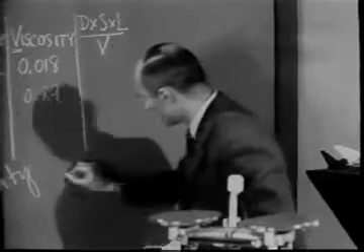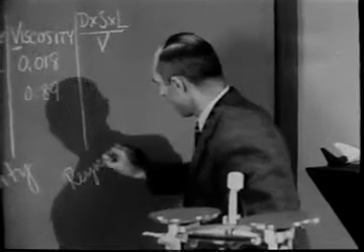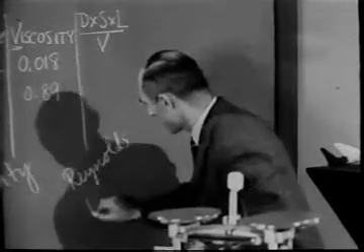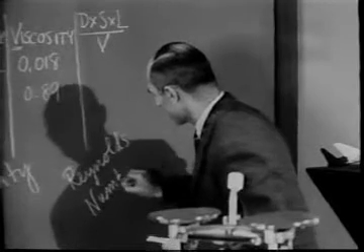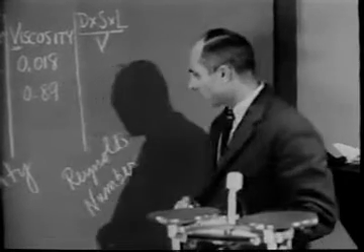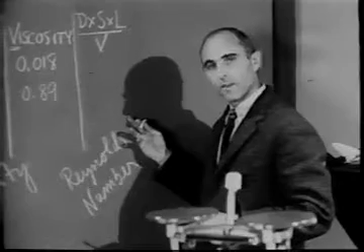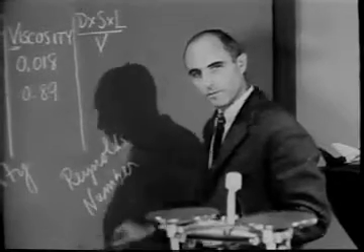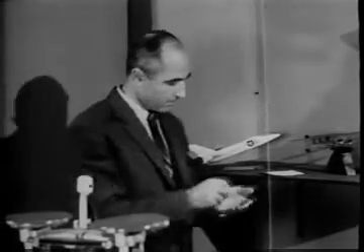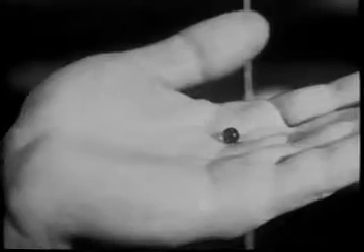Here are two geometrically similar objects, both spheres. This plastic ball with a diameter of 0.60 centimeters. And this is a helium-filled balloon with a diameter of 100 centimeters.